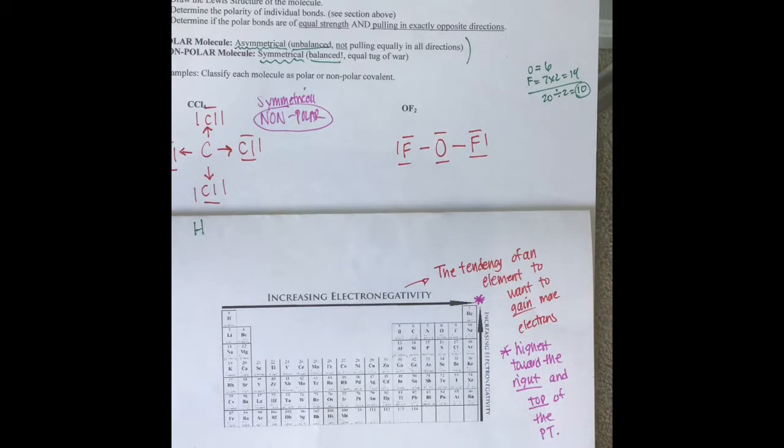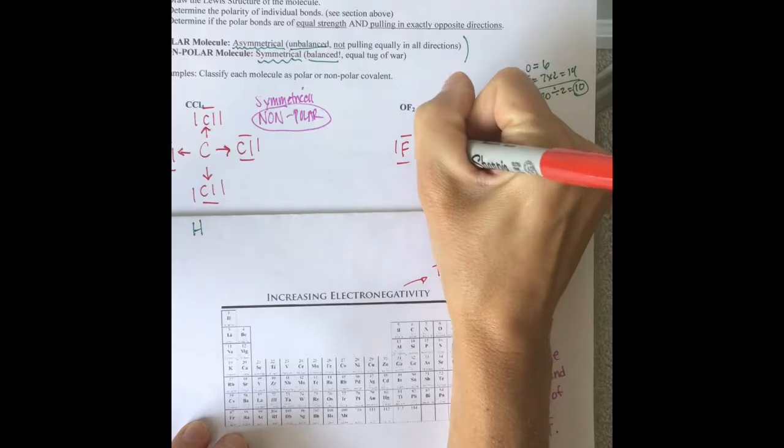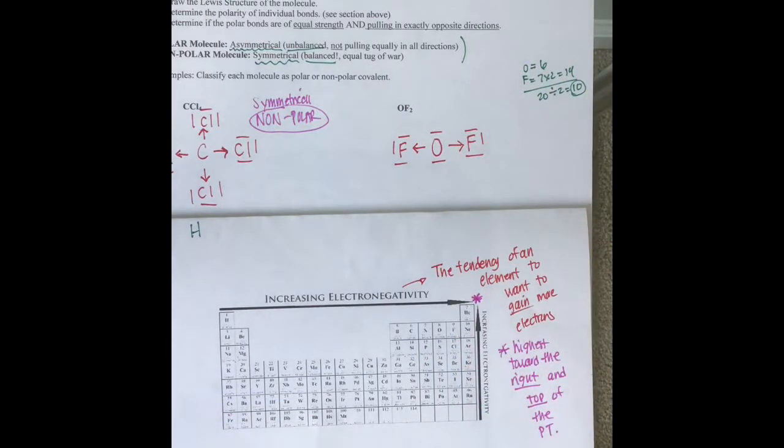You're going to draw your polarity arrows. And remember, fluorine always pulls really hard, so that's going to look like this. Now we need to decide if this is symmetrical or asymmetrical. This one is pretty tricky, because you have to think about what shape this is going to make.